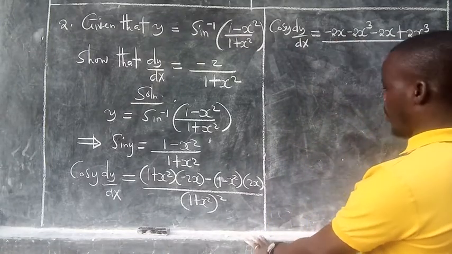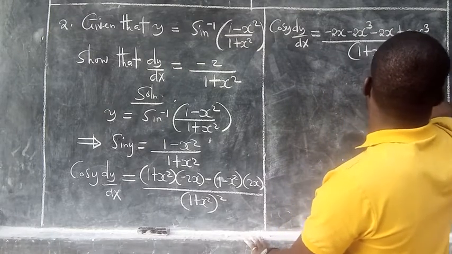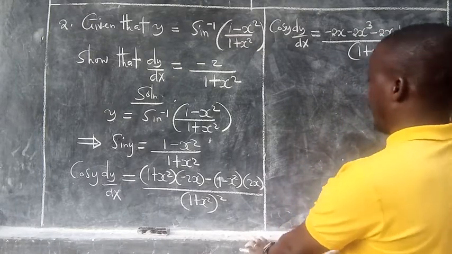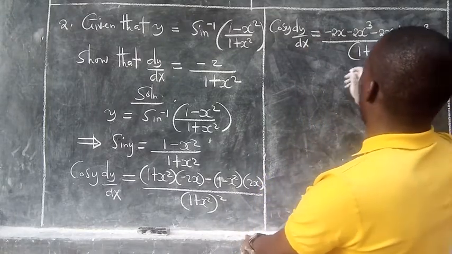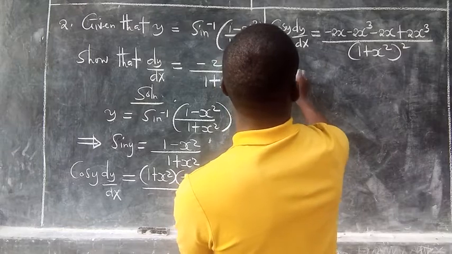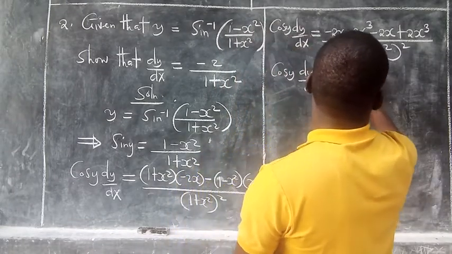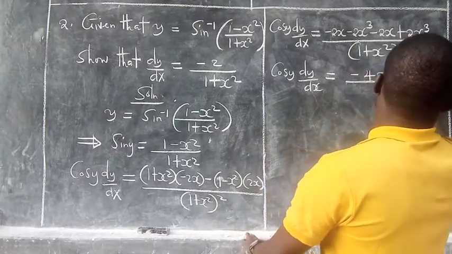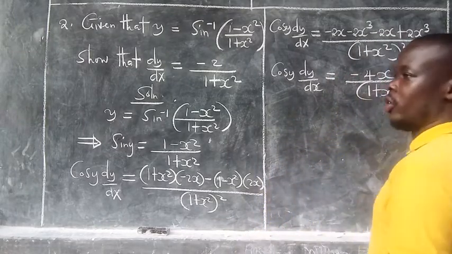All this divided by 1 plus x squared, but squared. So if that is true, then we can realize that this and this can cancel, so that we have cos of y dy dx is equal to minus 4x divided by 1 plus x squared, but all squared.